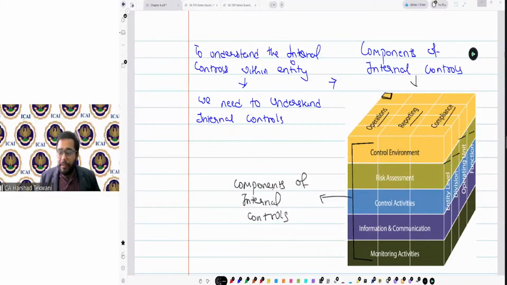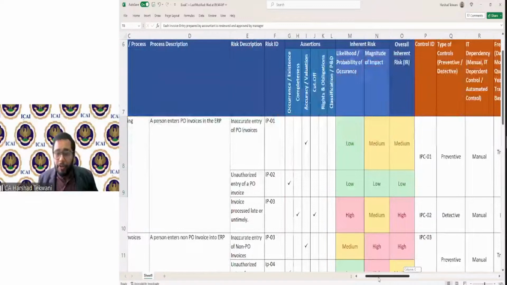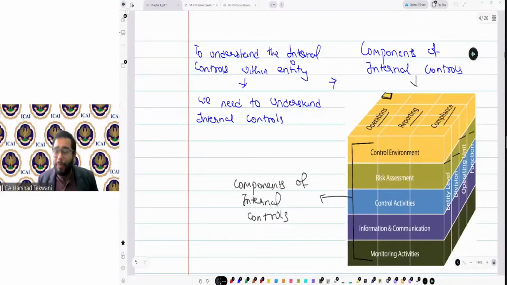Second is the risk assessment procedure. So this Excel sheet is prepared by us as an auditor. Remember in the last lecture also I said how management performs this, how management identifies this particular risk and everything, and that risk assessment procedure is part of internal control. If management is able to identify appropriate risk, then only they will be able to map the control in front of them.